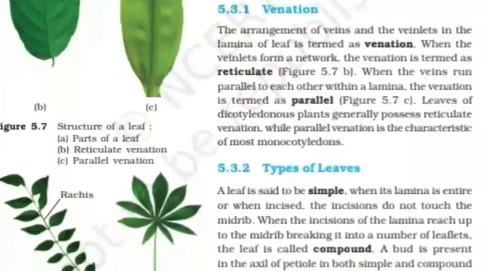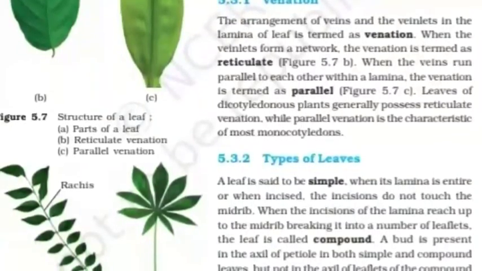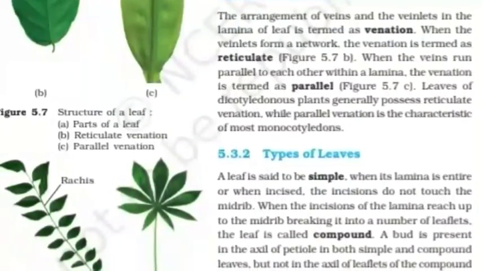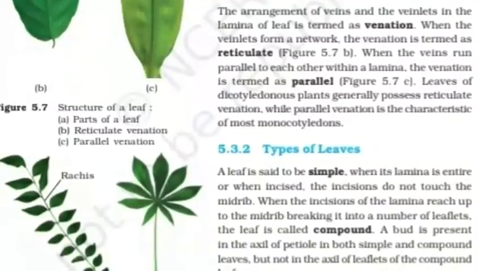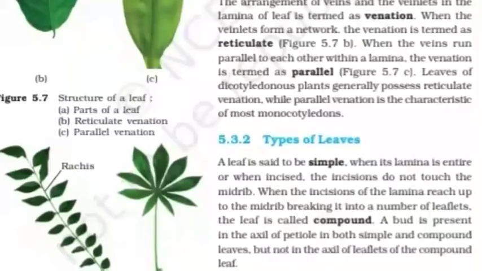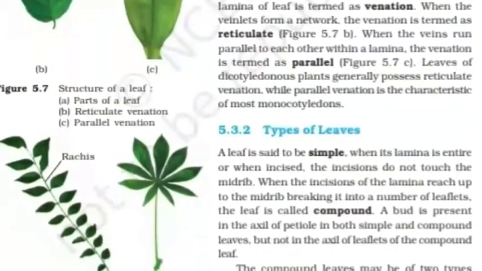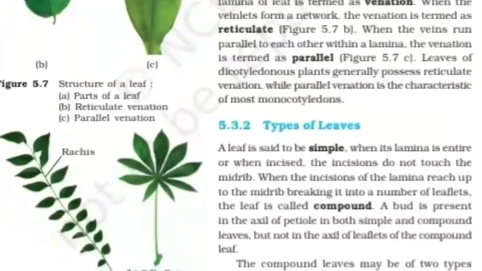The types of leaves. A leaf is said to be simple when its lamina is entire or when incised, the incision does not touch the midrib.